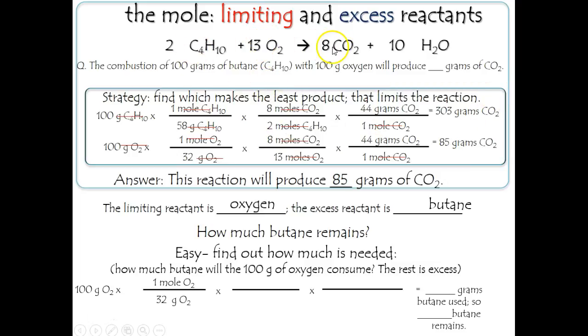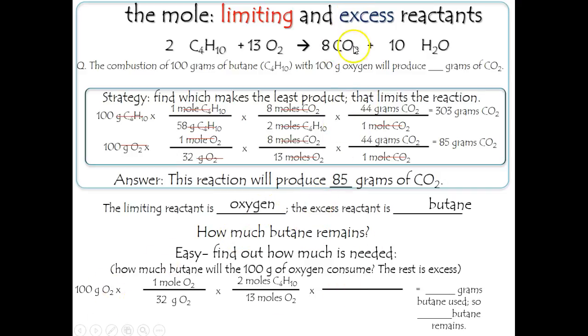Every 13 moles of oxygen will only require 2 moles of butane. Notice that you always have to keep track of where you're going, right? They're asking how much we're going from oxygen to butane.